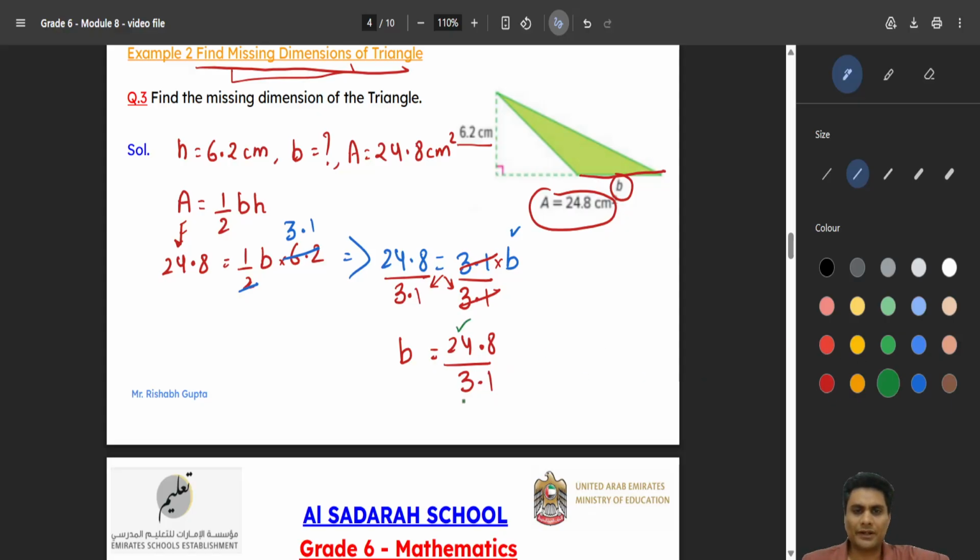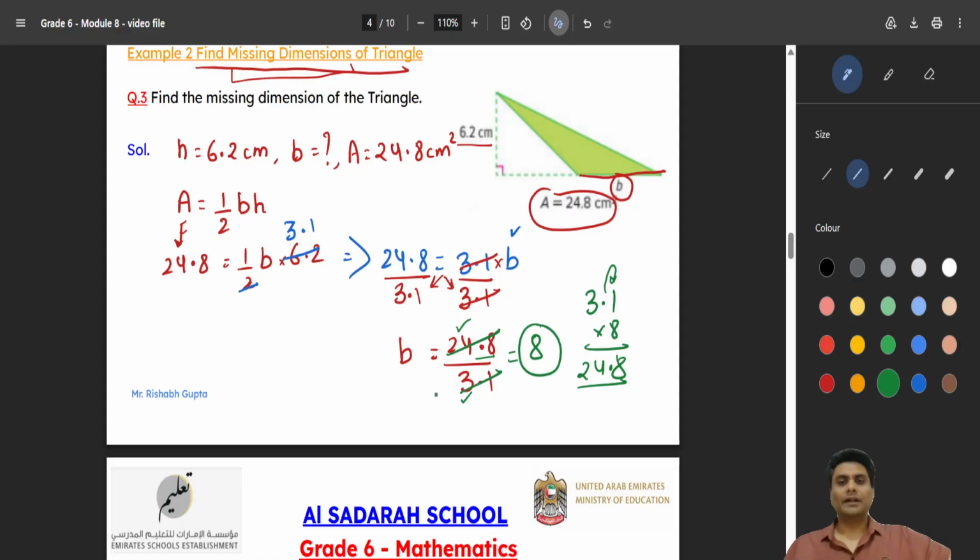I have 24 here and I have 3 here. 3 times how much gives you 24? 3 times 8 gives me 24. So let us try 3.1 times 8. Maybe we will get the answer. 8 times 1, 8. And 3 times 8, 24. After the point I have one number, so after one number I will put the point in the answer also. 24.8. Here also 24.8. So 24.8 divided by 3.1 will give you 8. So my base here will be 8.